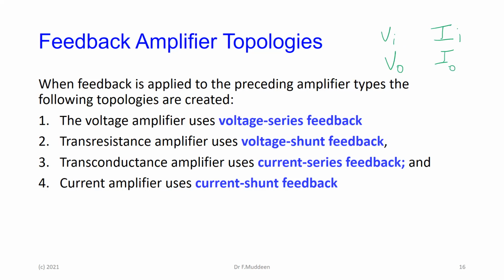So look at the name here, right? The first thing tells you what it is you are sensing, and the other is telling you how you're feeding it back. So a voltage amplifier is voltage in and voltage out.